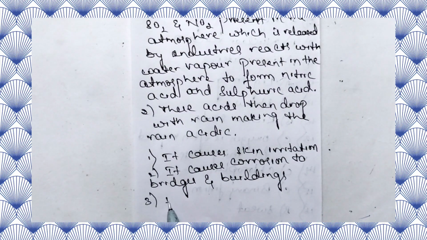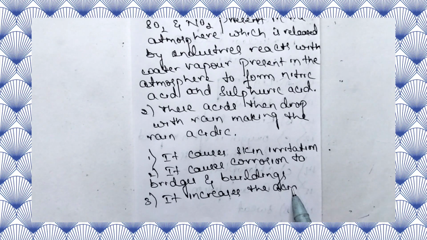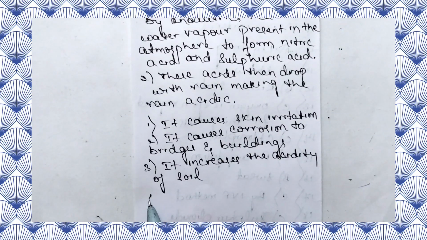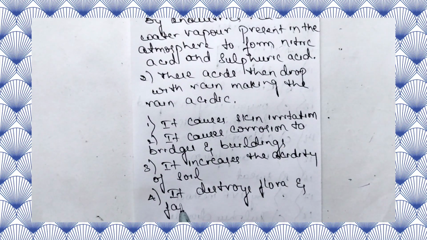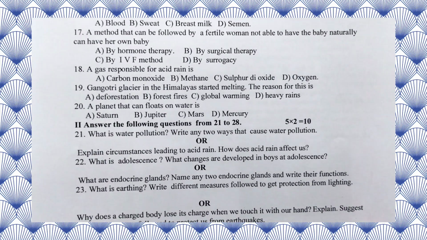Third point, it increases the acidity of soil. Fourth point, acid rain destroys flora and fauna. So like this we have to answer the 21st question. Now let us move to the 22nd.